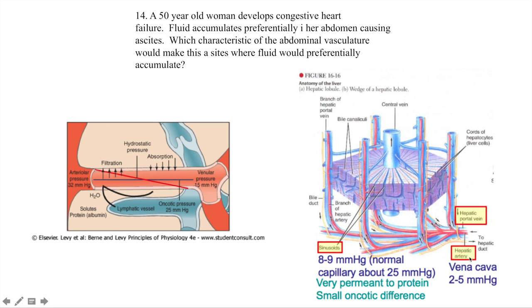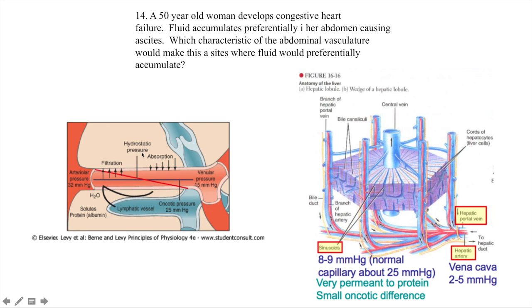So if you get an increase in venous pressure, let's say in your vena cava, then that pressure is going to cause a relatively big increase in the capillary pressure here, because there really isn't very much maintaining this balance of fluid here. I mean, it's basically just static, where not much fluid is moving at all.